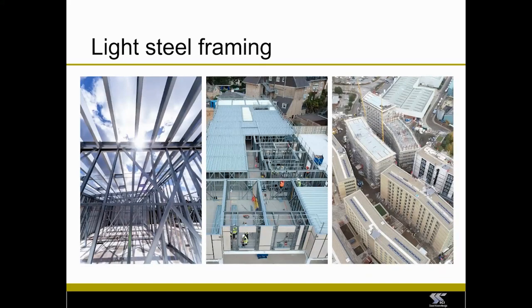So here's just a few images which I like, and I think they show the overall sort of system of light steel framing pretty well. On the left hand side there, we've just got some light steel vertical sections, obviously wall studs. Also got some cross bracing shown there, and we'll be talking a lot more about cross bracing throughout the webinar.